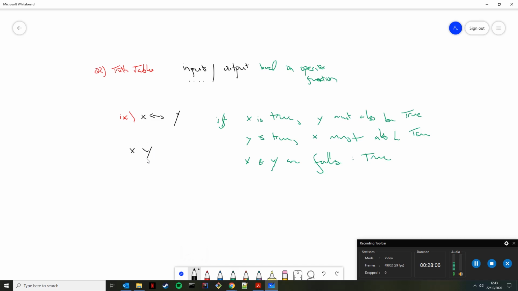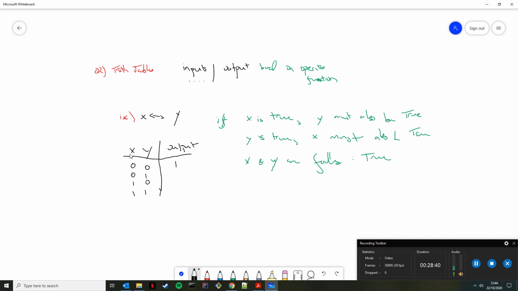Let's go through with x, y, output. 0, 0, 0, 1, 1, 0, 1, 1. So x implies y, we're starting with false, we're going to get true. And y implies x, again we're starting with a false. So it's going to be true. So if they're both false, we're going to get true.